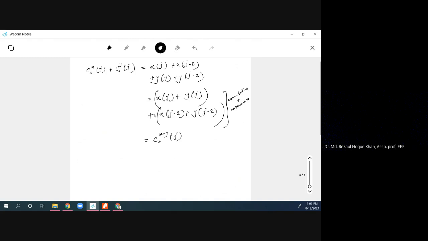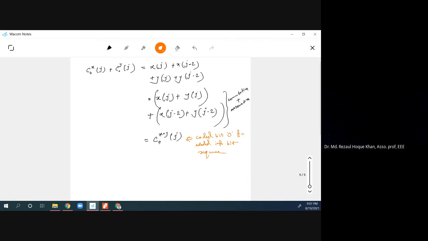This is the coded bit 0 for the added information sequence. X and y were individual bit sequences, but because they are added, it becomes an added information bit sequence.